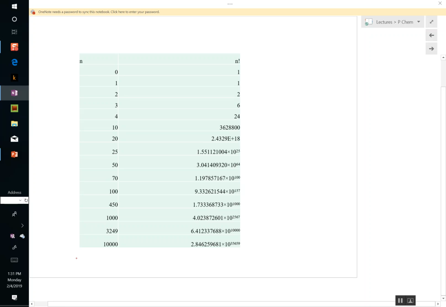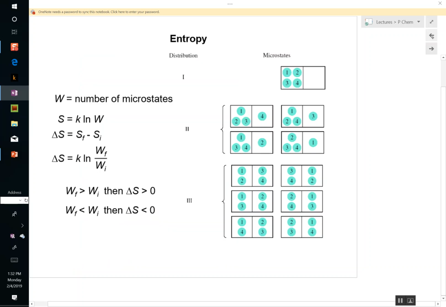If you put Avogadro's number down here, 1 mole of gas atoms, and you look at what the different arrangements are for all of those in those 2 states, you're up to astronomical things. So the even distribution of them is the more probable state.